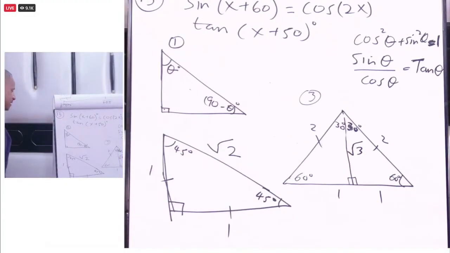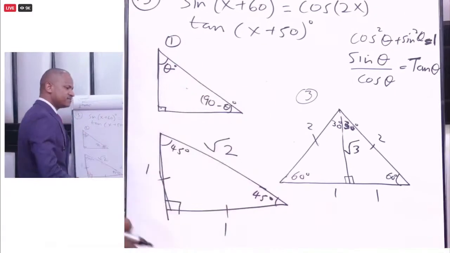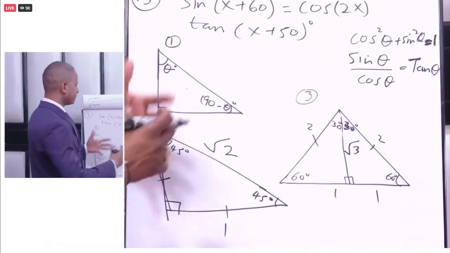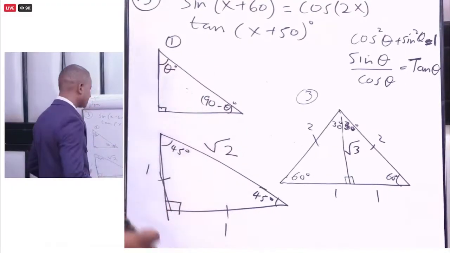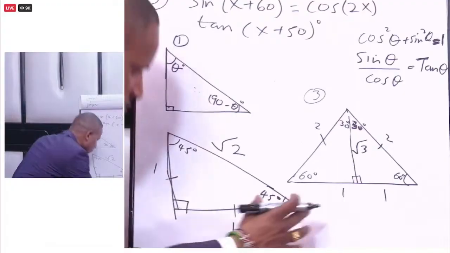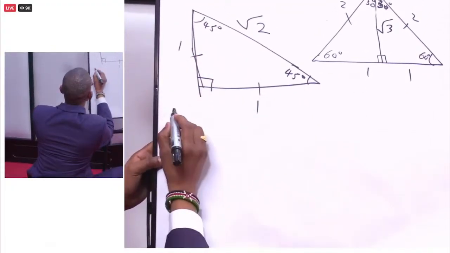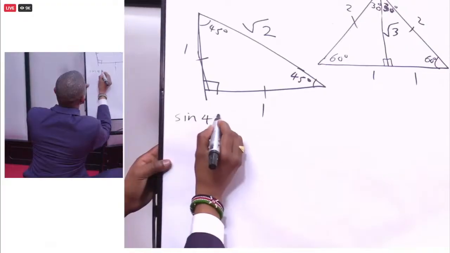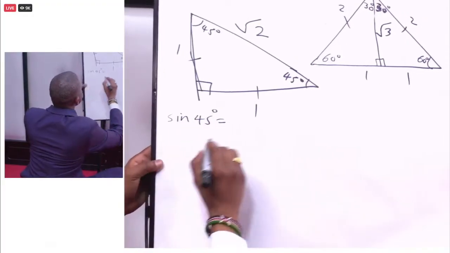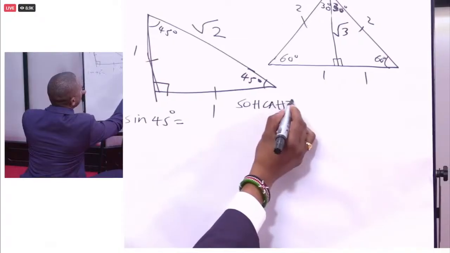Now from here, class, I want us to list down tan 45, sine 45, cos 45. Then we go to sine 30, cos 30, tan 30, sine 60, cos, like that. So when you come here, we start from here, sine 45 degrees equals to, the common principle that we use here is SOHCAHTOA.